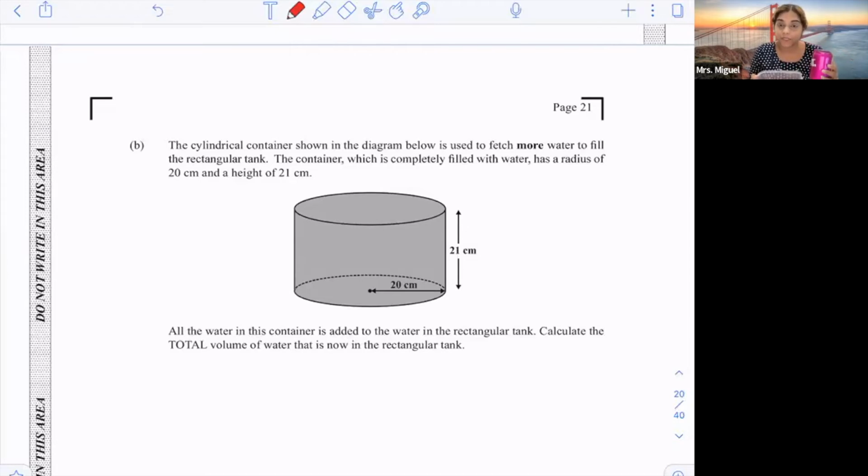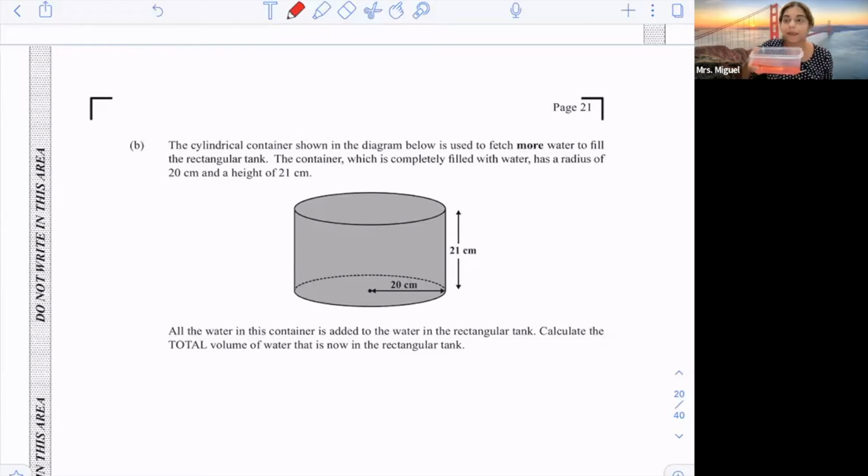The container, which is completely filled with water, has a radius of 20 centimeters and a height of 21. So all the water in the container is added to the rectangular tank. Calculate the total volume. It is like you are taking this container or this glass full of water and you are pouring it into the rectangular tank.